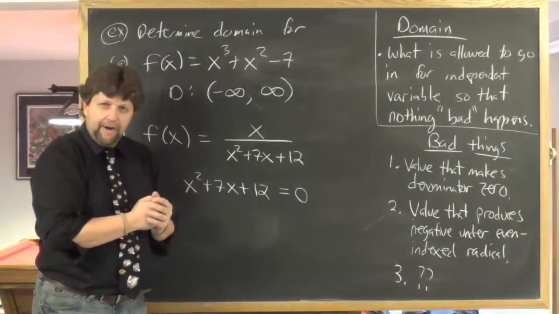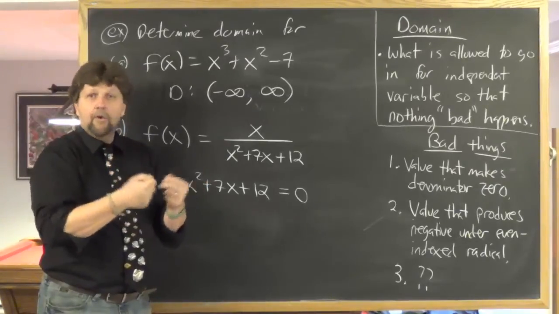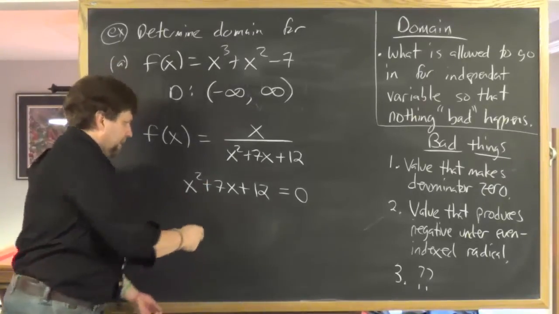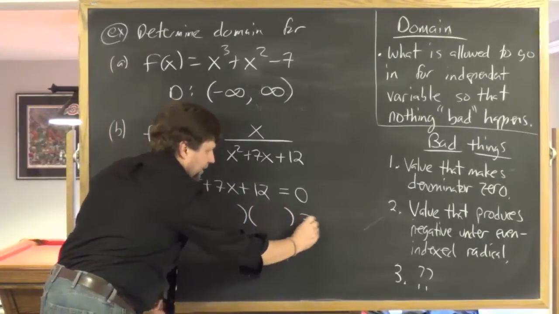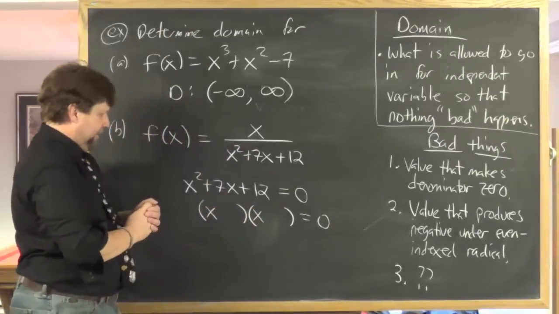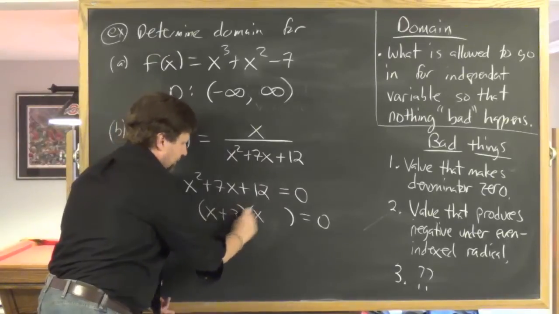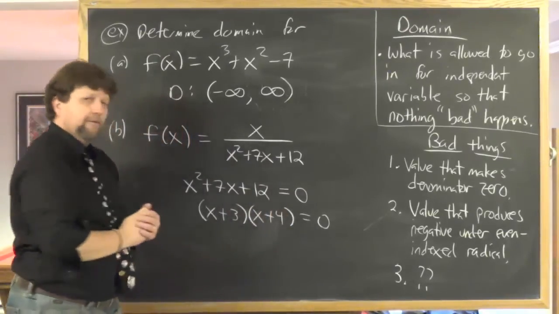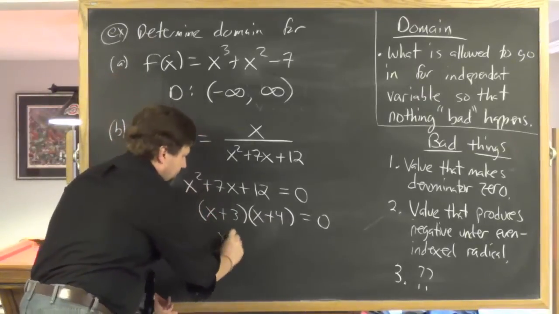We know how to solve quadratic equations. We either try to factor it or use the quadratic formula. I'm going to try to factor it, and I hope it factors because I don't really want to do the quadratic formula on this, but if I have to, I have to. This factors to x plus 3 times x plus 4. Set each factor equal to 0.